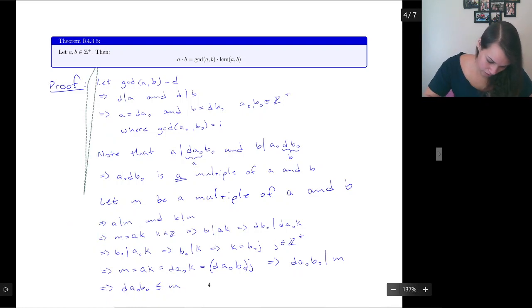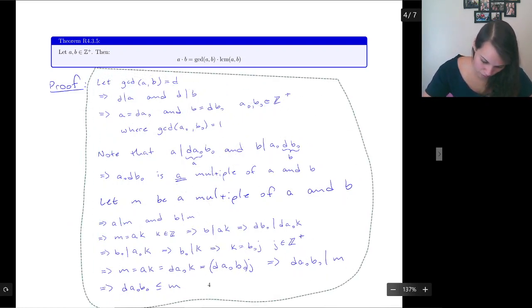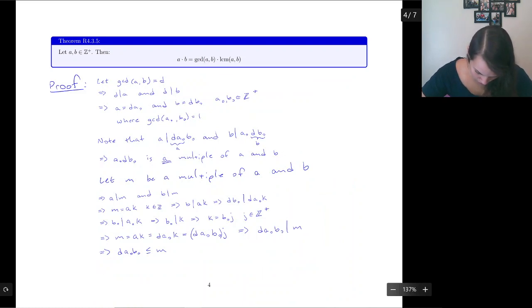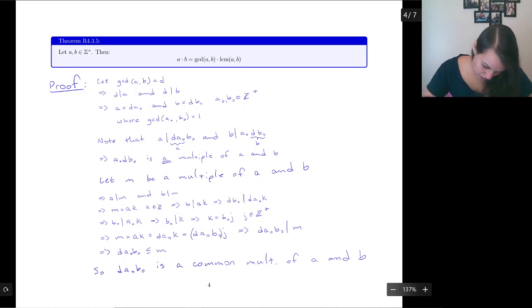Okay. So what have we proven at this point? So D A naught B naught is a common multiple of A and B, as pointed out right here.